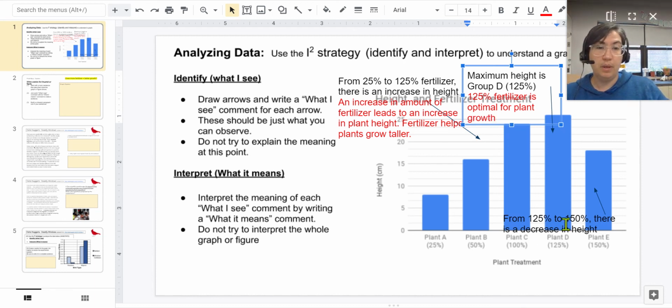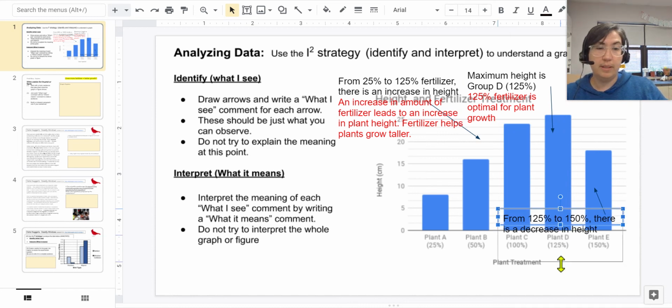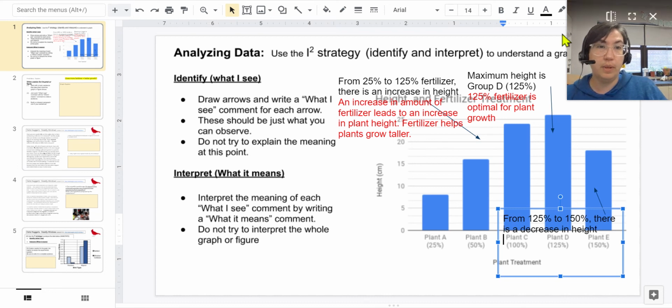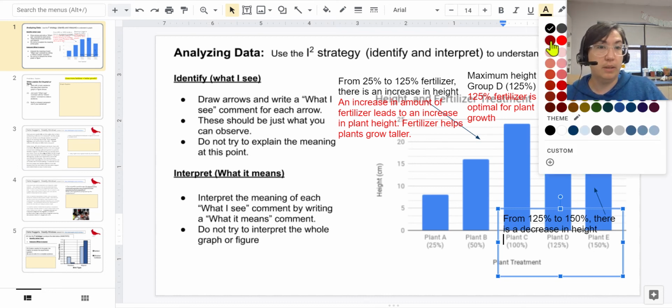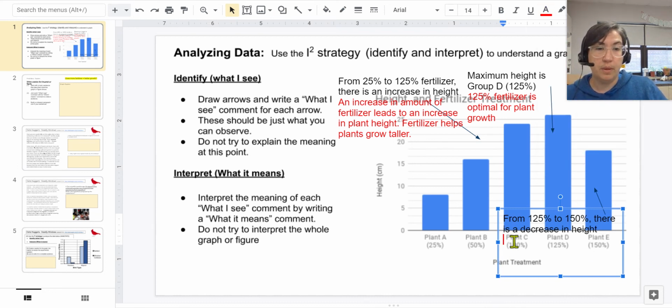All right. And then what about this decrease from 125 to 150? So once again, I'm going to change my font color. There is a decrease in height.